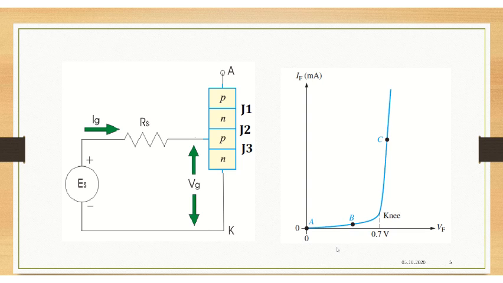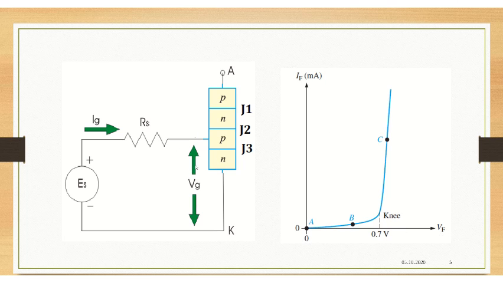If I represent the same with voltage versus current, as it is depicted in the textbooks, and that is how the VI characteristics are popularly represented, taking V on the y-axis and I on the x-axis.